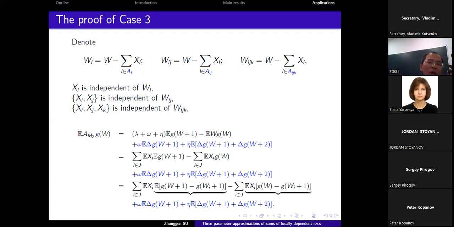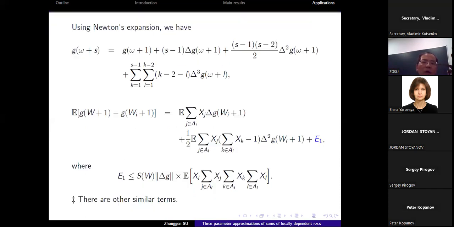For M3, we have a Stein operator, capital A, M3. The expectation of this quantity can be written explicitly using the above formula. Now we want to use the Newton expansion as follows.